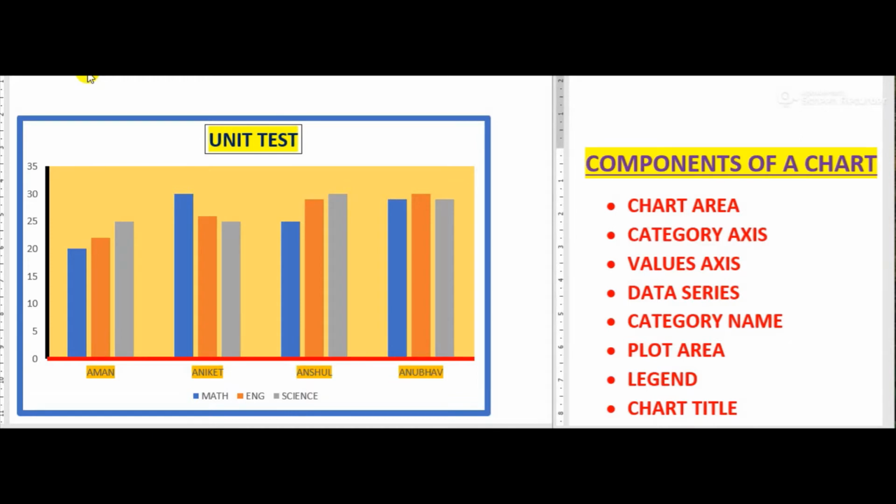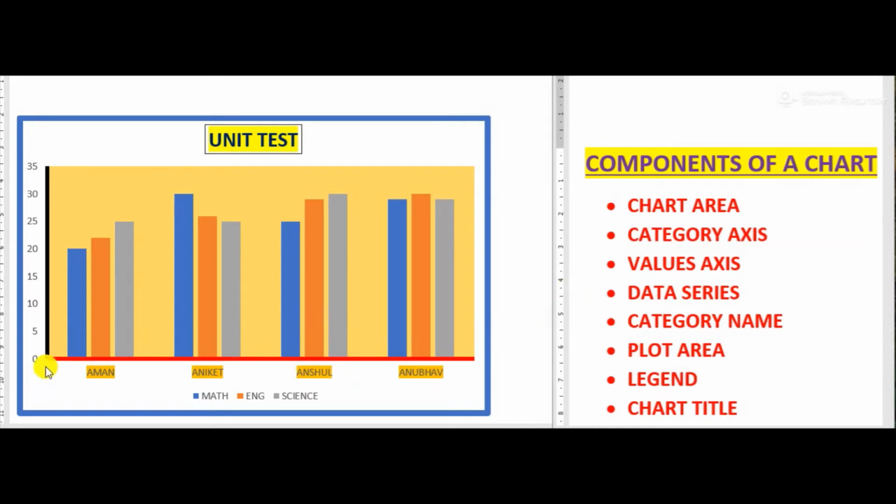The second component is category axis. What is category axis? Category axis, or we can say x axis, is the horizontal axis of the chart. Which is the horizontal axis? This red line is the horizontal axis here. So this is the category axis. The next component is value axis. What is value axis? Value axis, or we can say y axis, is the vertical axis which is used to plot the values.